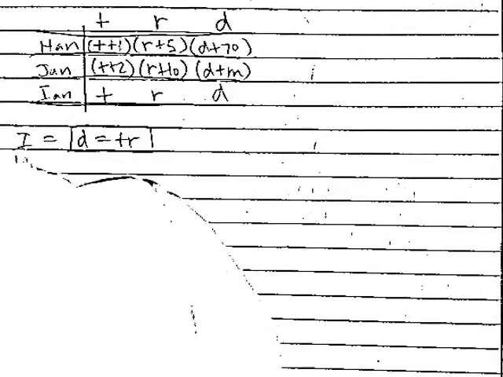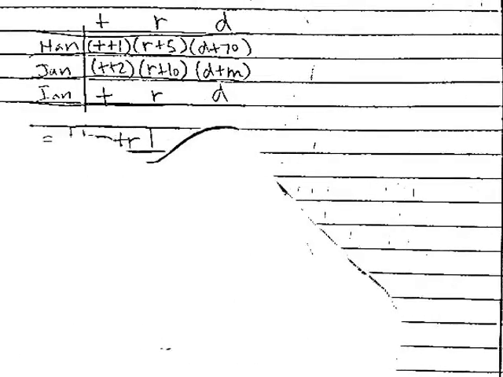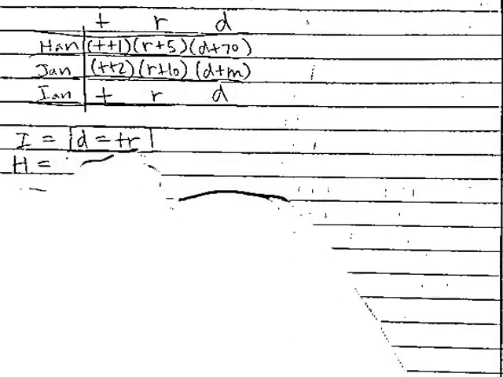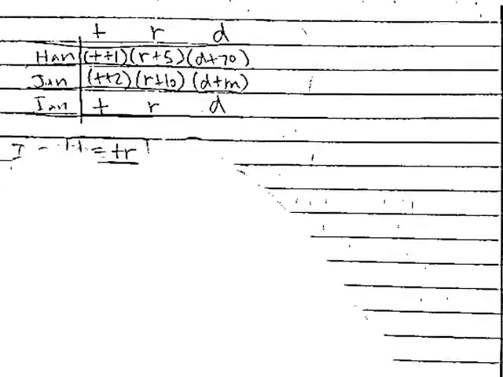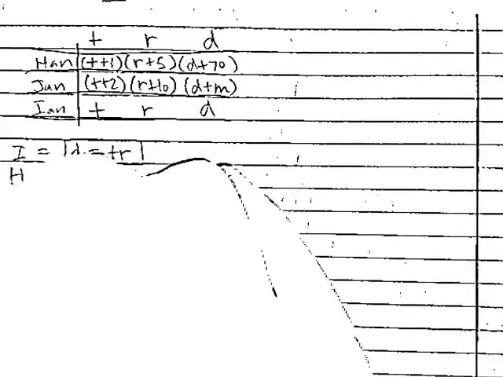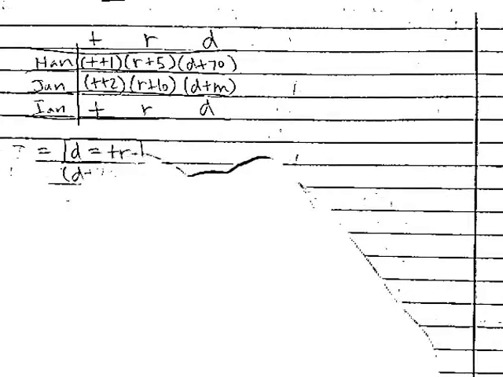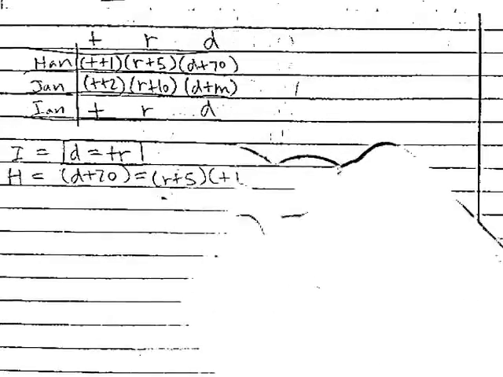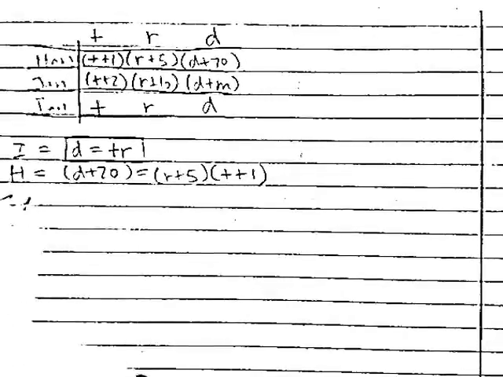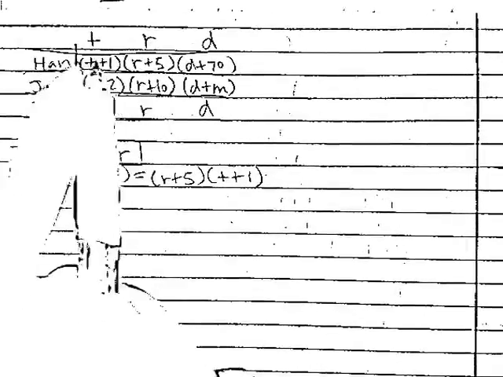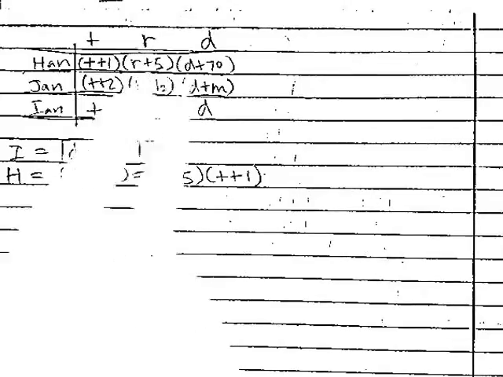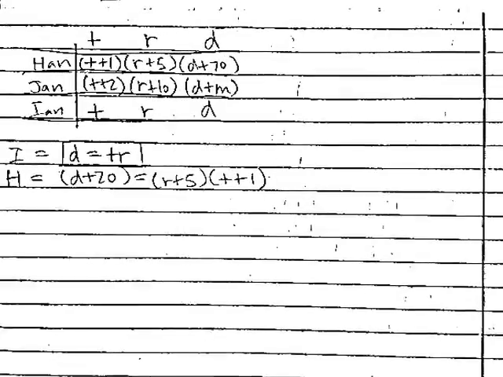And then for Han, distance equals time times rate. So d plus 70 equals r plus 5 and t plus 1. So that's his equation, because it's tr equals d. So Han's t and r equals Han's d.